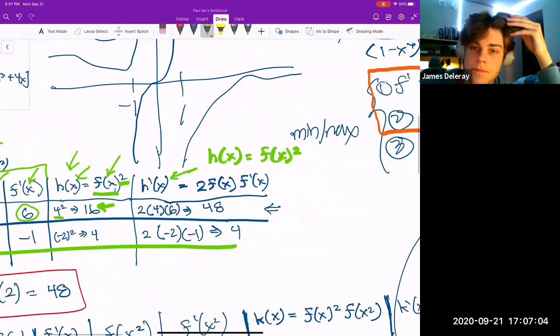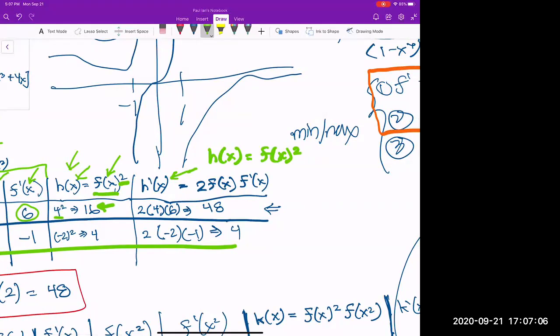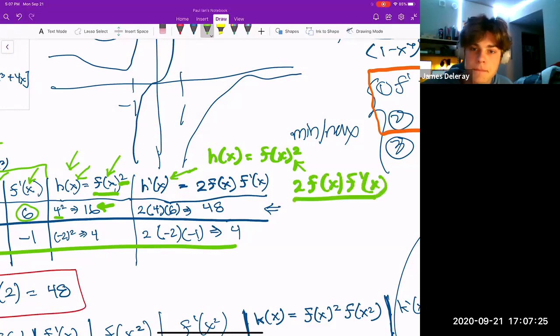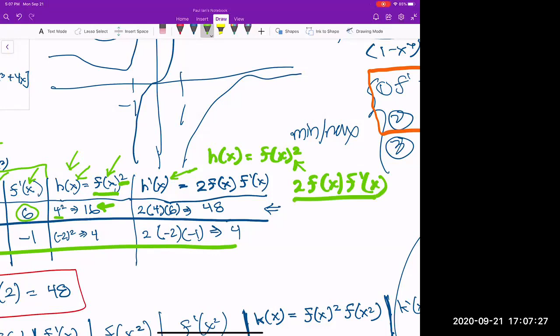You guys have learned the chain rule and all of that, but this is a little weird because it's a function and there's a point there. But technically you could still apply the rules to this one, right? So it would be just do the power rule and then do the chain rule.